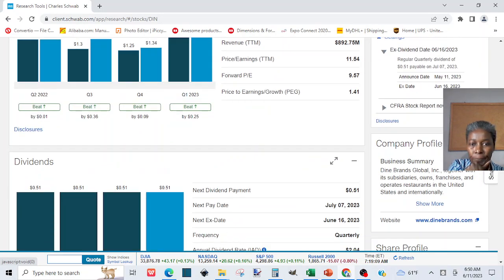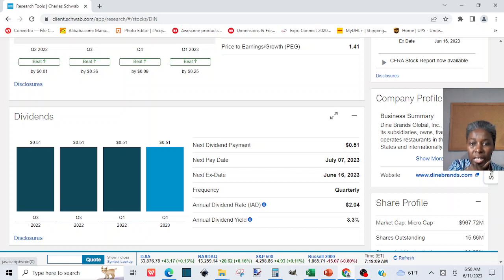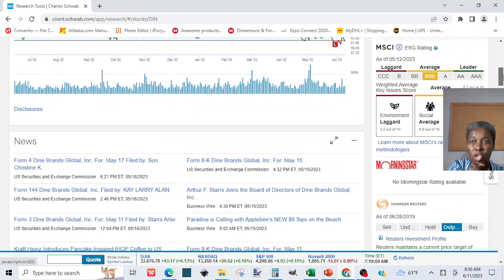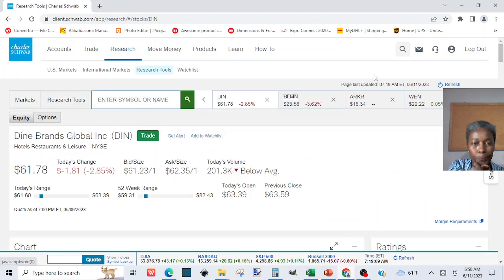The dividend yield is 3.3%, it pays in month 1 of a quarter, and it pays about 51 cents a share every quarter.